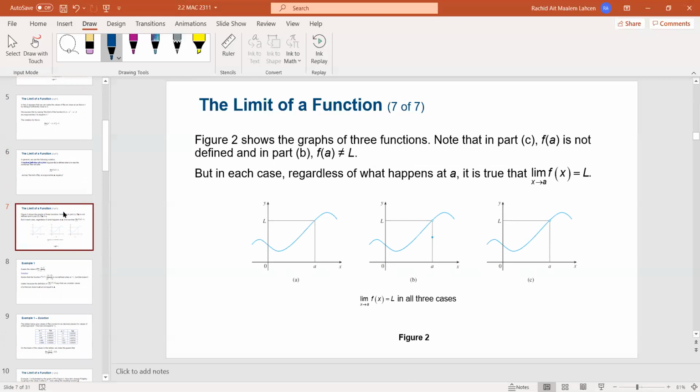Let's look at the first graph. You see here f of A is L, because this is a solid dot, it's there.